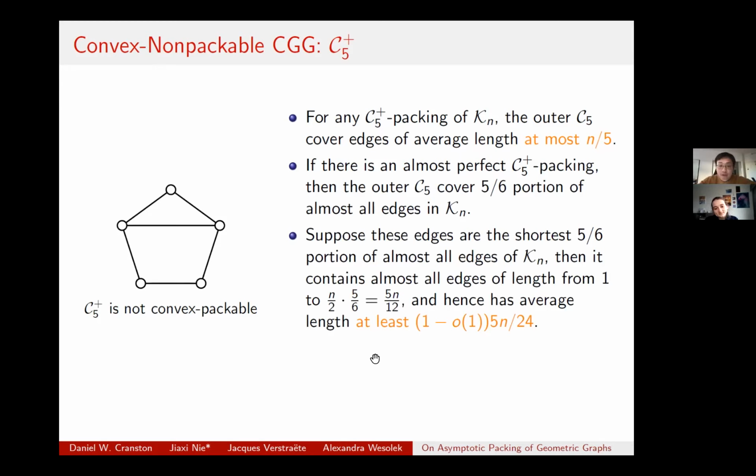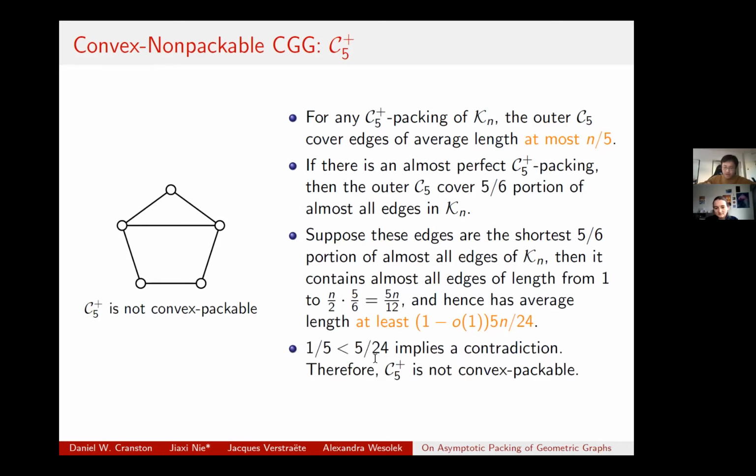So it covers almost all edges of length from 1 to 5n/12, and hence it has average length at least (1 minus little o(1)) times 5n/24. So it is at the same time at most n/5 and at least 5n/24. But 1/5 is less than 5/24, so this implies a contradiction. And therefore, C5 plus is not convex packable.